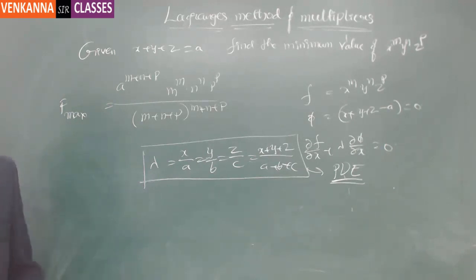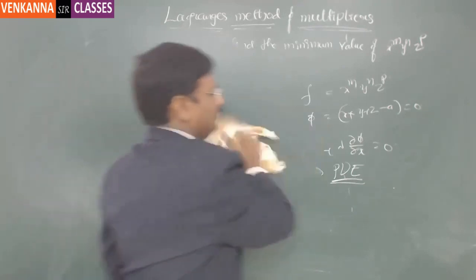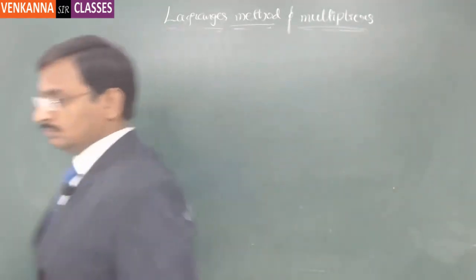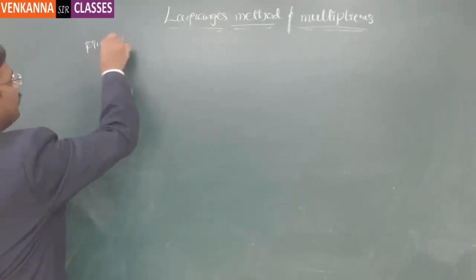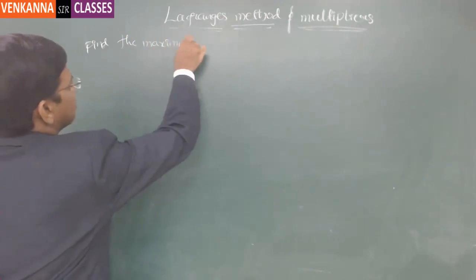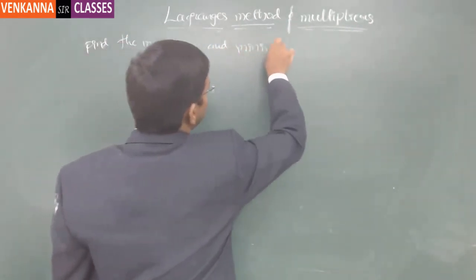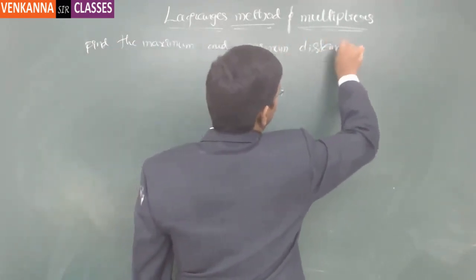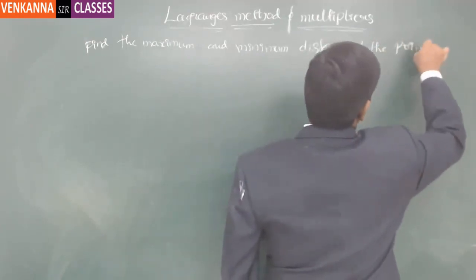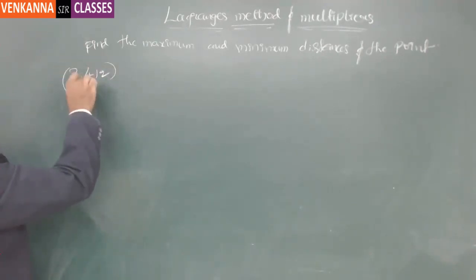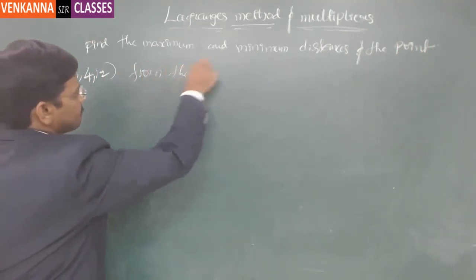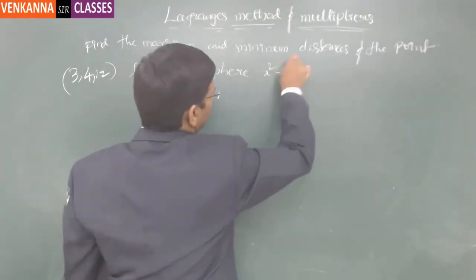Any questions? Note down one more. Find the maximum and minimum distances of the point (3, 4, 12) from the sphere x square plus y square plus z square equal to 1.